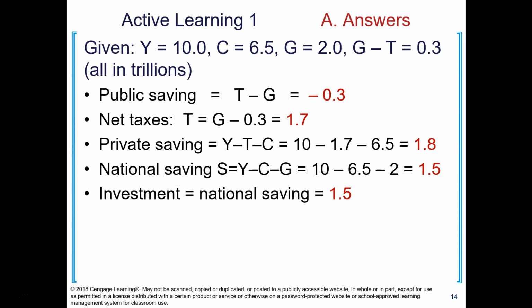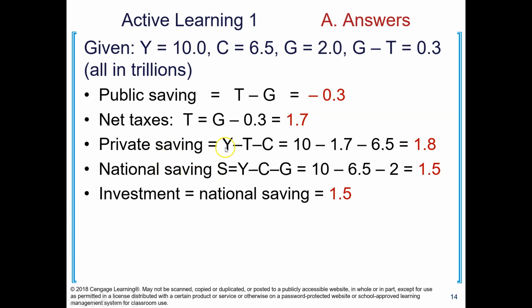So public saving is minus $300 billion. And then net taxes: we can calculate taxes as government expenditures minus the budget deficit. We know the budget deficit is $300 billion and government expenditures are $2 trillion, which means net taxes are $1.7 trillion.